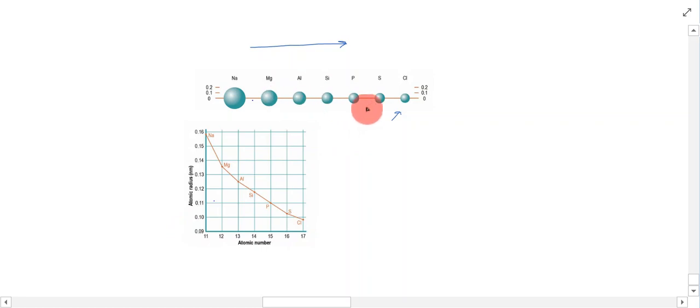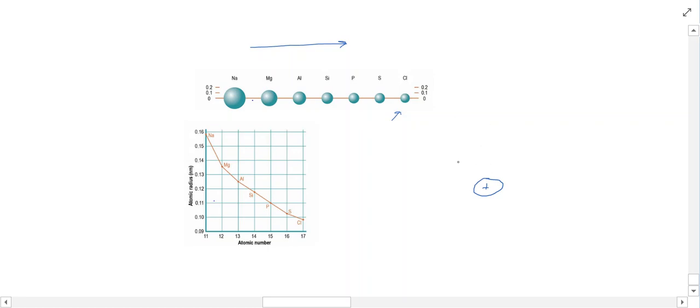So what's actually starting to happen here, and why? Well, imagine this is our nucleus, and you have a positive nuclear charge here.